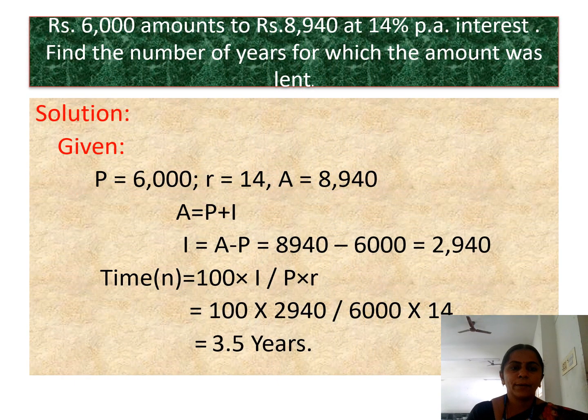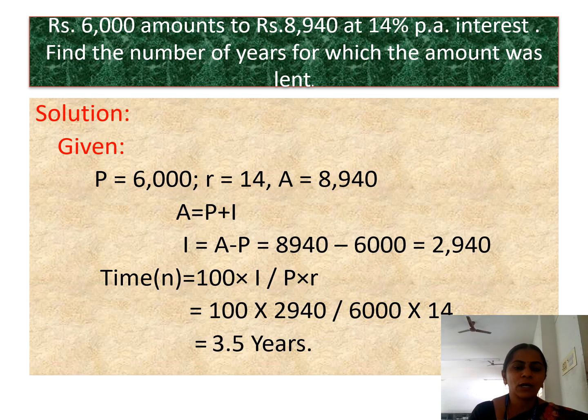We see one more problem. Rupees 6,000 amounts to rupees 8,940 at 14% per annum interest. Find the number of years for which the amount was lent. So the question is to find the number of years. Given data is P is equal to 6,000, R is equal to 14% and A, the amount, is equal to 8,940. We apply the formula A equal to principal plus interest.